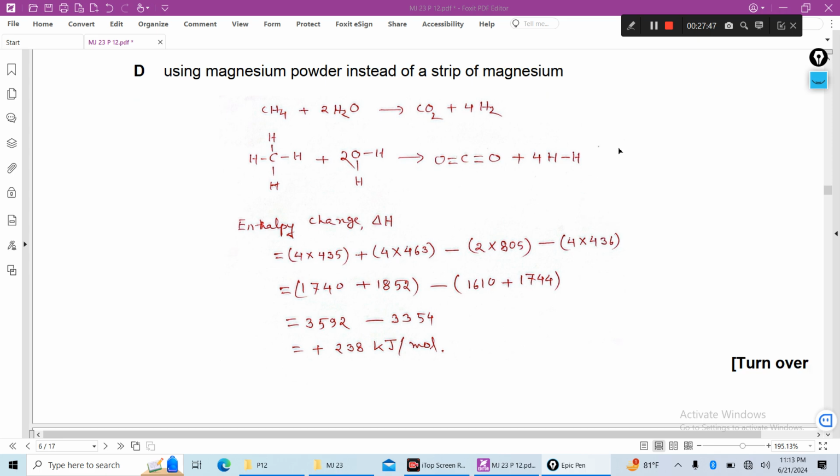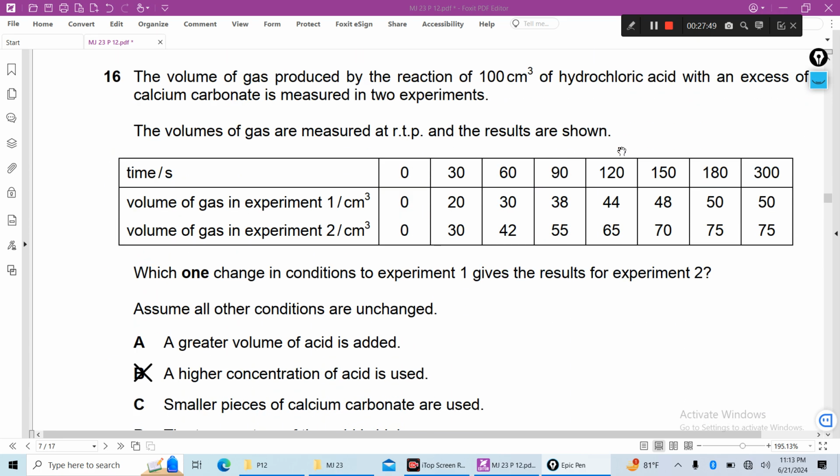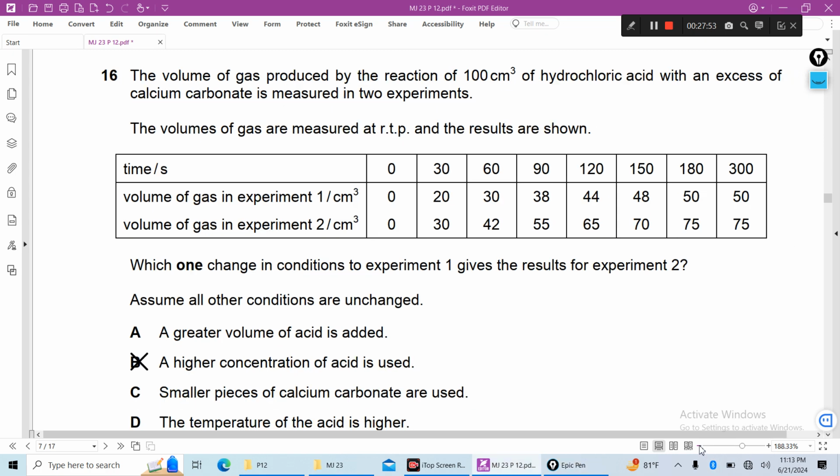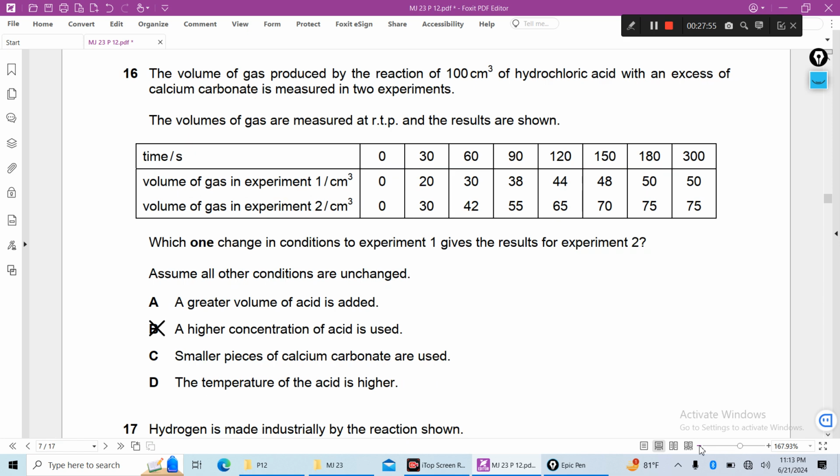Next, 16. The volume of gas produced by the reaction of 100 centimeter cube hydrochloric acid with excess calcium carbonate is measured in 2 experiments.